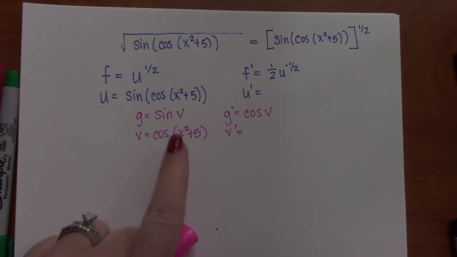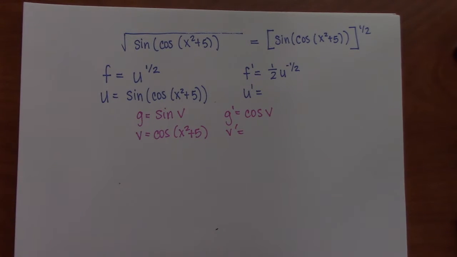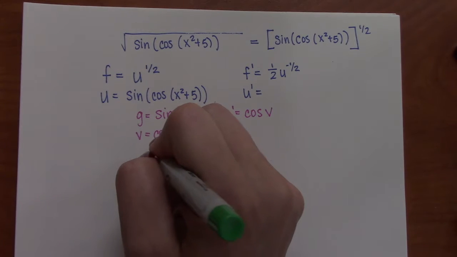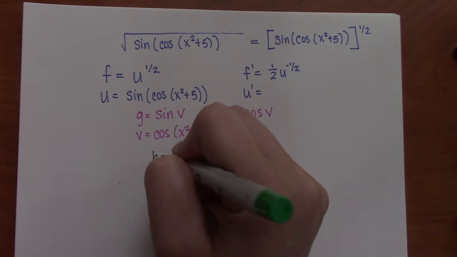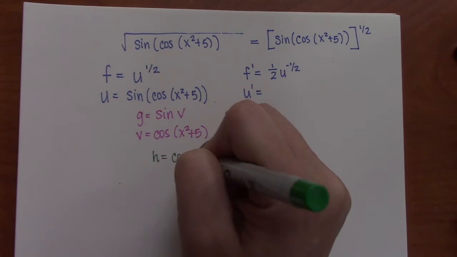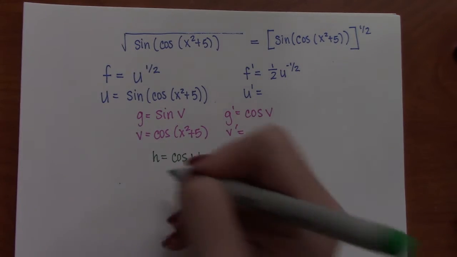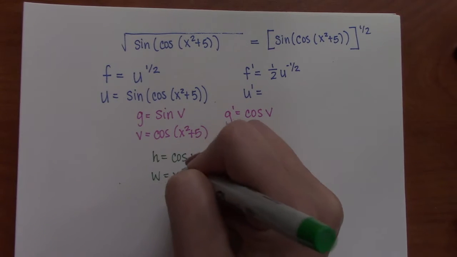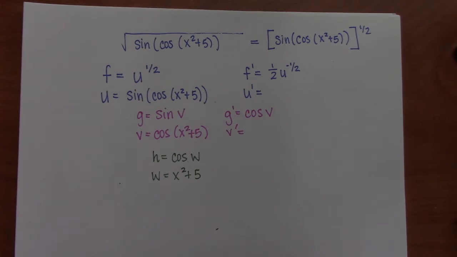But if I want to find v prime, I got another chain rule. So let's do it again. So I'll call this guy h, and we'll say cosine of w. Just use a new letter, right? Where w is just the stuff inside. So chain rule is like the ultimate procrastination tool. It's like, I don't want to deal with that yet. I don't want to deal with that yet.